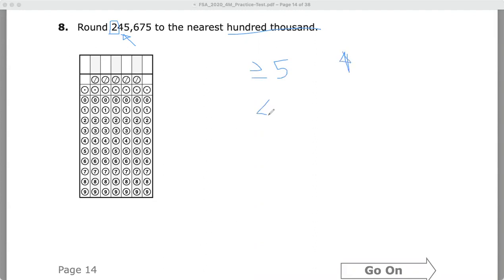If it's less than 5, then it stays the same. In this case, 4 is less than 5. So if we're rounding to the nearest 100,000, the 2 would stay the same, and then you fill in all of the placeholders with 0. So the answer to this would be 200,000.